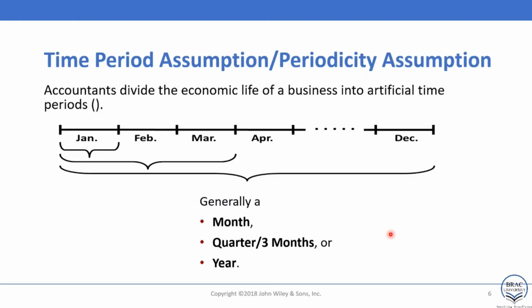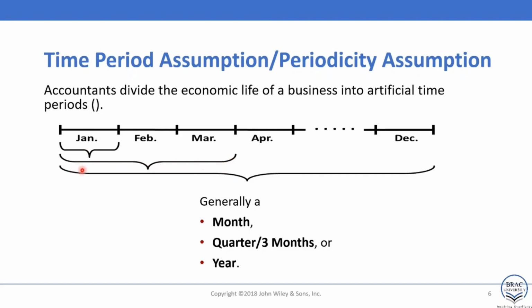Now, the time period assumption we just talked about, right? What it says is that accountants divide the economic life of a business into artificial time periods. Suppose you see the timeline here. Some company may decide to choose a time period of 1 month. Some company may decide to choose a time period of 3 months.